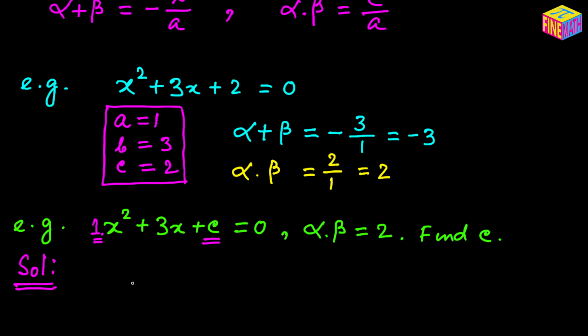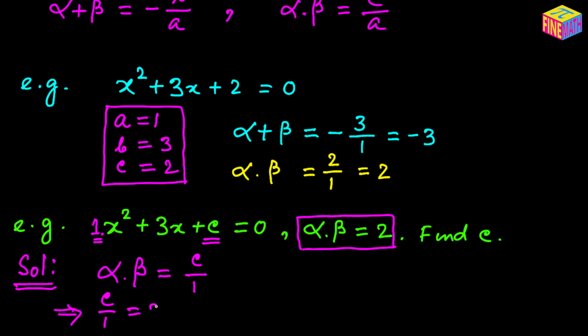So in this case, the product of the roots is equal to this c right here divided by 1. And in the problem, they have provided the value of the product, which is positive 2. So now all we have to do is say that c by 1 is equal to 2. And from here we can say that c is equal to 2, right?